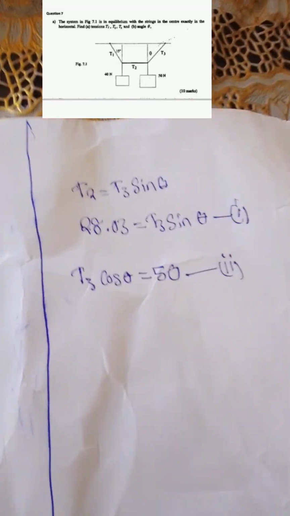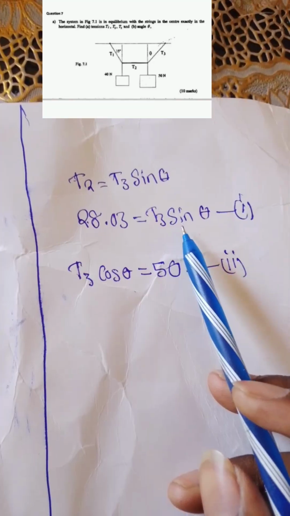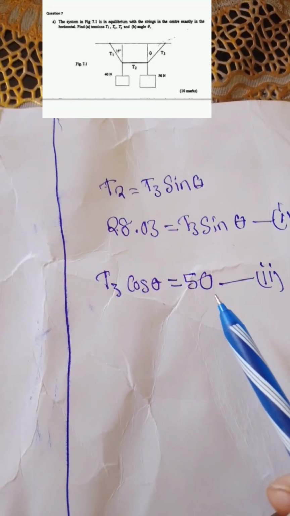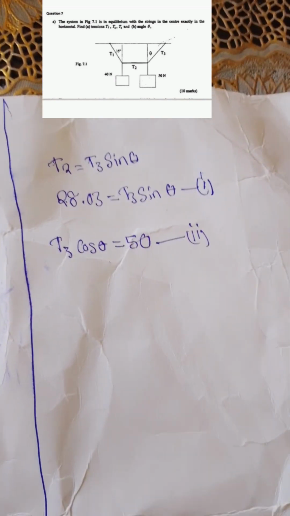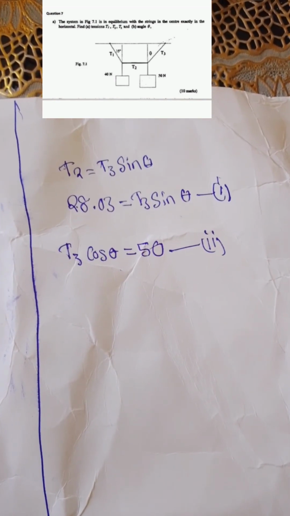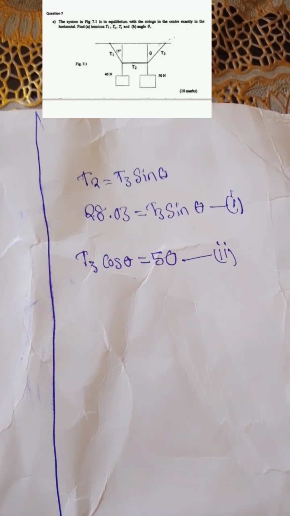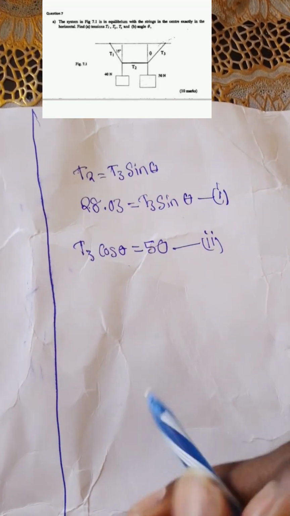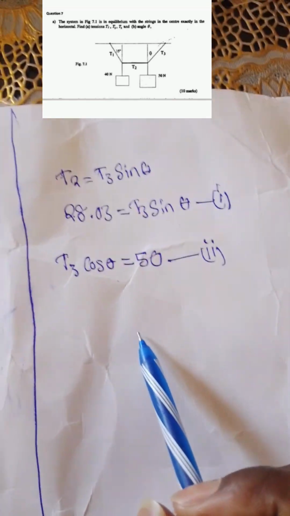Now, when you look at cos and sine, we know that we are under vectors, or let me say under trigonometry. When we divide sine by cos, the answer is always tan, right? So now we are going to try and divide sine by cos so that we can have tan.